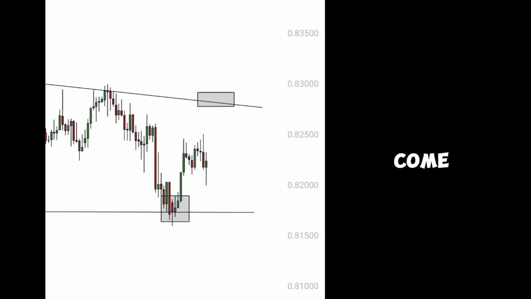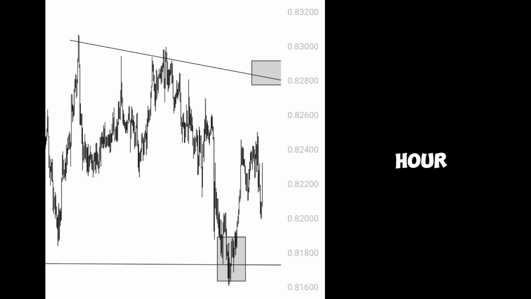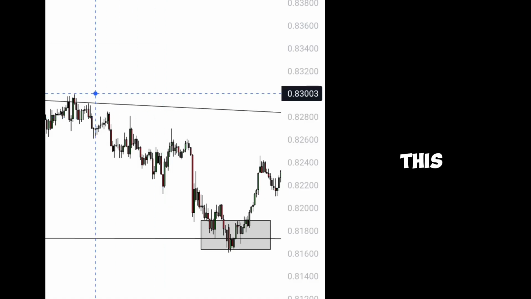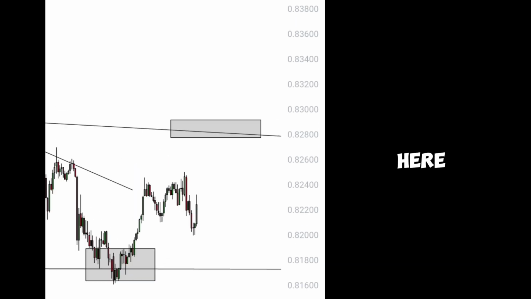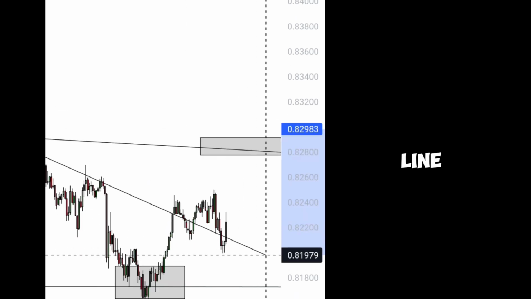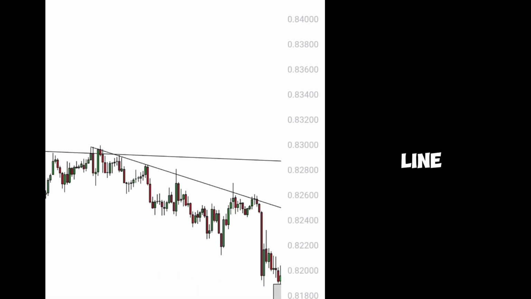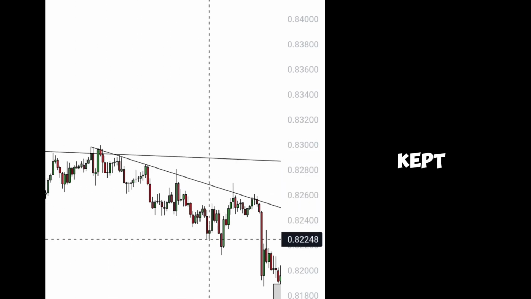So what do I do? I come into the 1-hour time frame. Now the 1-hour time frame, I want to mark out my trend line as well. So this here is a trend line. Okay, here is also a trend line. So what do I notice from this trend line? So we kept on tapping into that zone, kept on tapping into that.